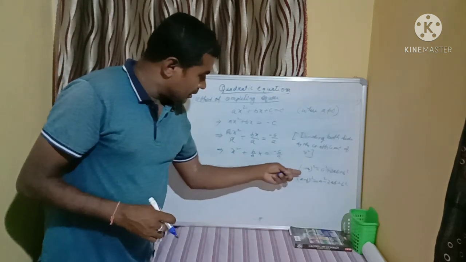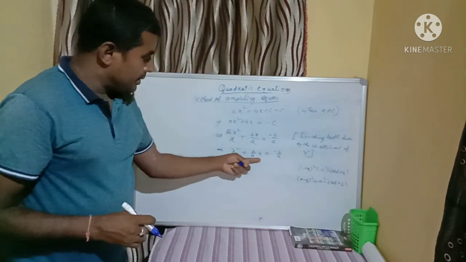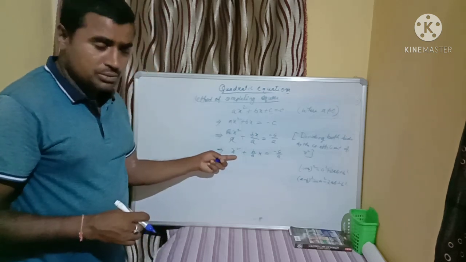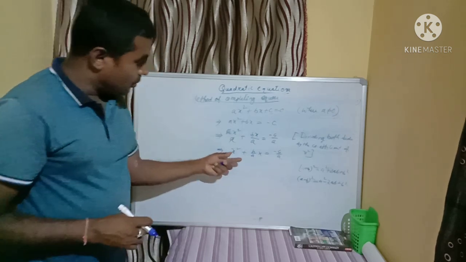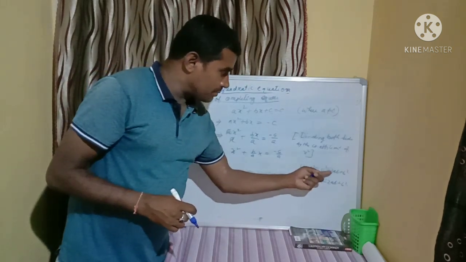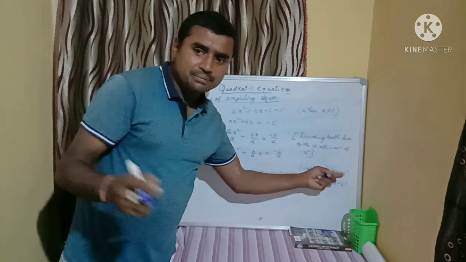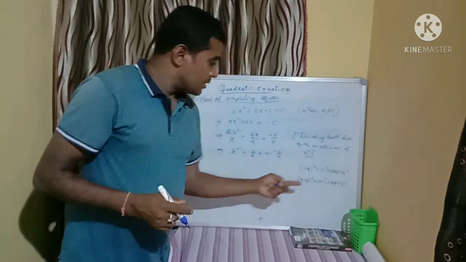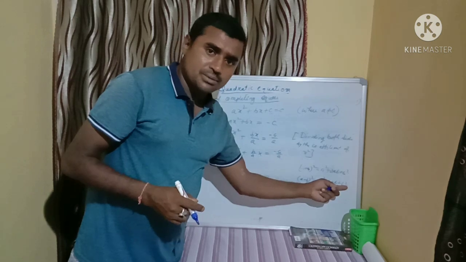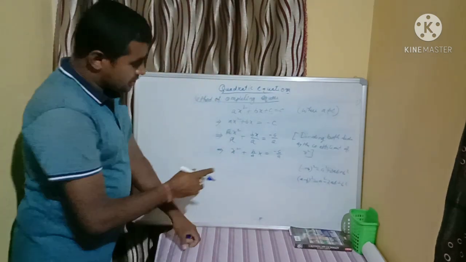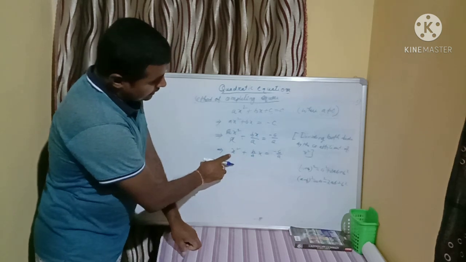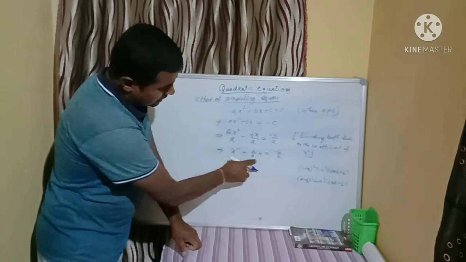So now observe, if we want to make the left hand side a perfect square, then definitely we convert it to either a square plus 2ab plus b square or a square minus 2ab plus b square. Here you see there is no minus sign in x square plus b by a x.